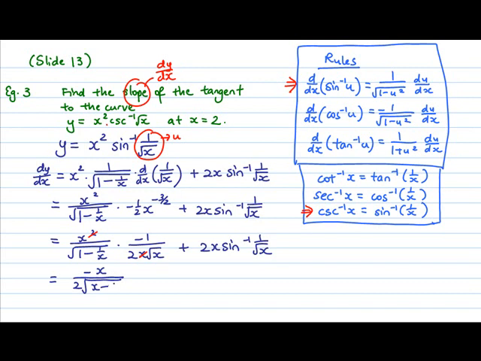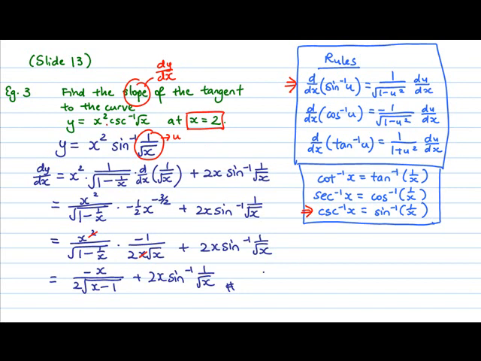And 1 over x times x will cancel. And on this side, so that is the answer for dy dx. But that's not the end. You will still have to sub x equals 2 and calculate the values. Now for this, please make sure you are calculating in radians. Can you try it and find the answer?